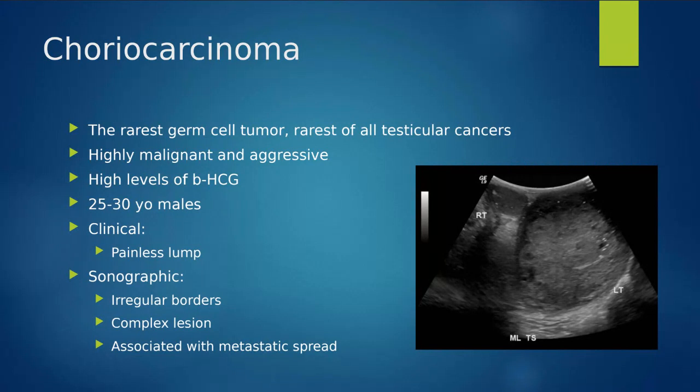Now, these are going to have high levels of what we call beta HCG, and this is beta human chorionic gonadotropin. And human chorionic gonadotropin is one of the first markers of gestational life. And when we say beta, that means we're testing it through the blood.